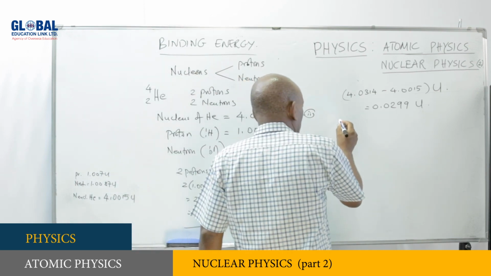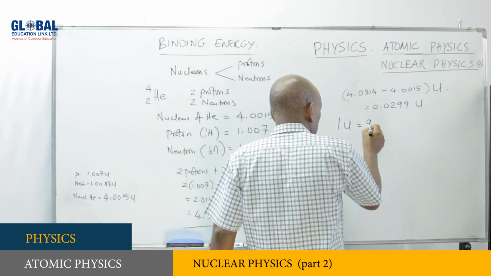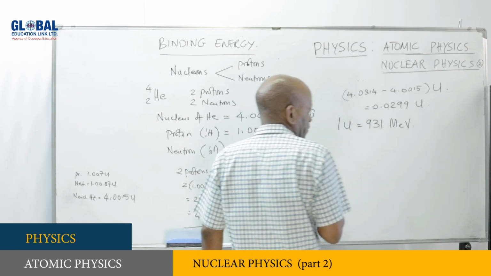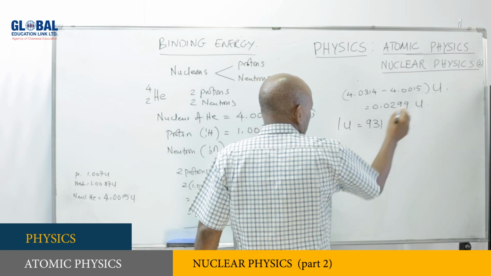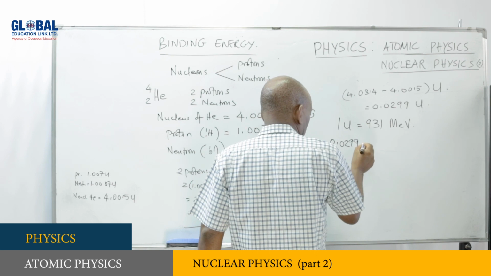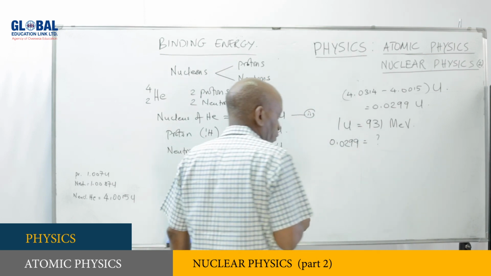As long as I know one unified atomic mass unit is equal to 931 mega electron volt, then having 0.0299, it can be calculated.